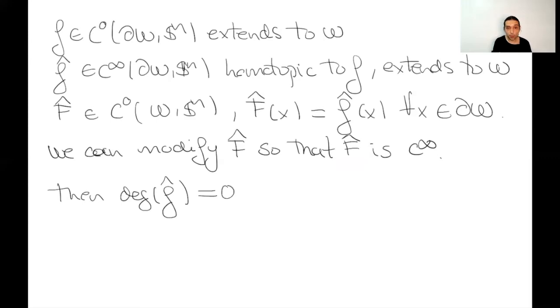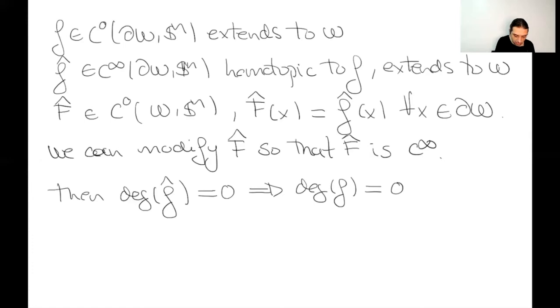Okay, we proved already this result. And since small f hat and small f are indeed homotopic, then the degrees are the same. So this implies in particular that the degree of f is equal to 0. So any map that extends, even continuously, has degree 0.